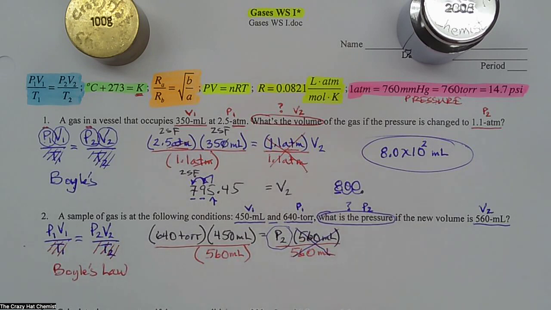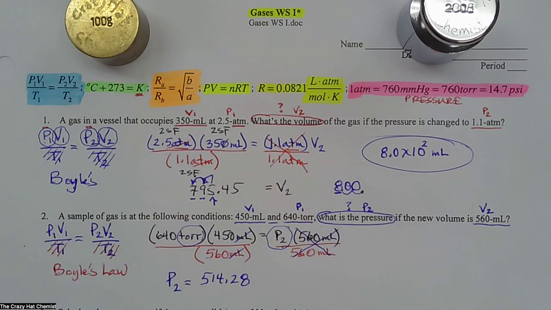The milliliters cancel out, and you should see you have units of torr, which is a pressure, and that's a good thing. So we're going to type into our calculator 640 times 450 divided by 560, and that will be our pressure 2.